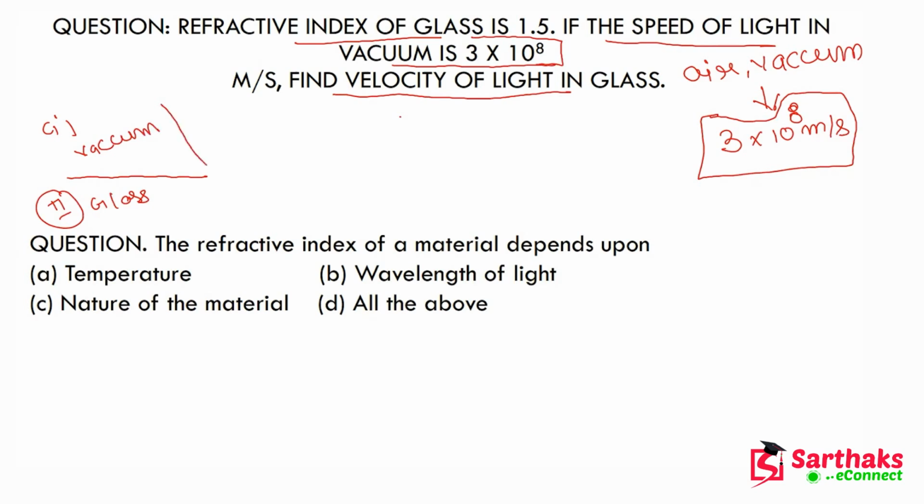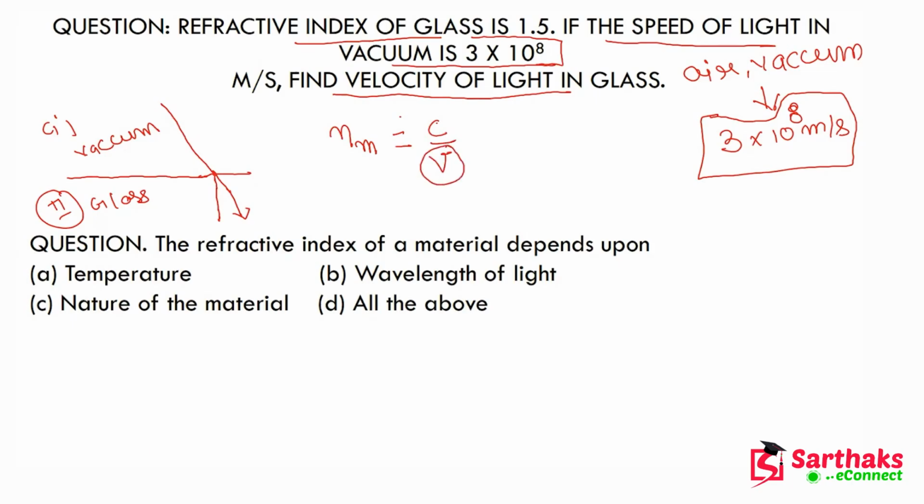The light is coming, and when it enters the glass, this is the normal, and it is bending like this. To calculate the velocity, we will simply apply the formula, because we know that the refractive index n m is equal to c upon v.